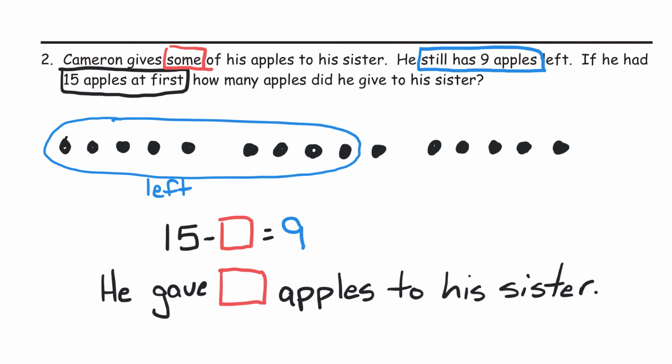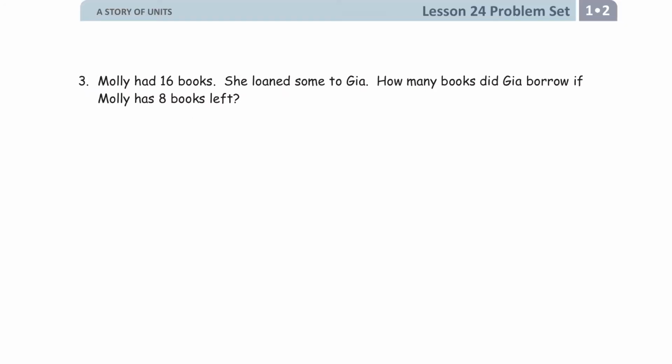I've given you our drawing for it. You need to make our second group here. That's our mystery number, our some apples. You'll need to label it, and then you'll need to fill in what the mystery number was. So go ahead and finish number 2, then turn your paper over, and we'll take a look at numbers 3 and 4 together.